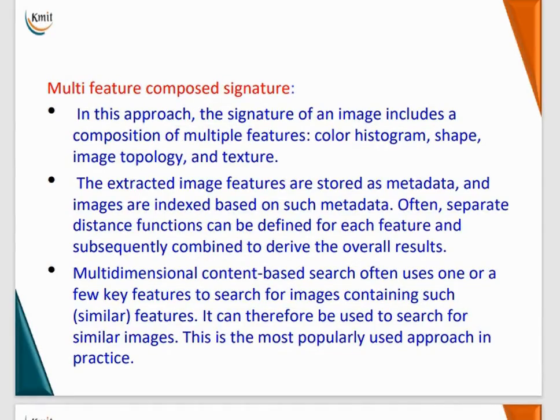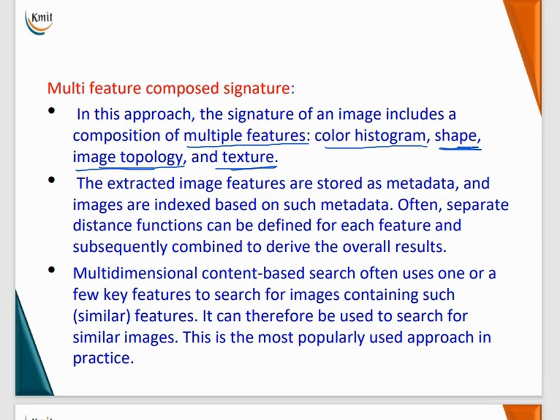Next, multi-feature composed signature. Now in this, in addition to color histogram, we also consider shape, image topology and texture. So in this approach, the signature of the image includes a composition of multi-features like color histogram, shape, image topology and texture.